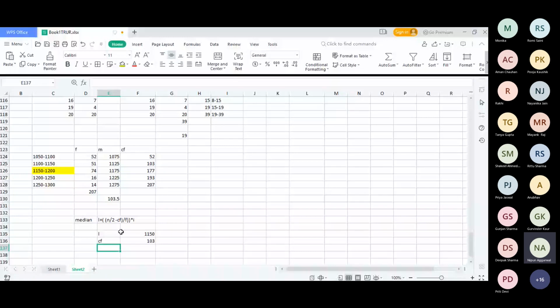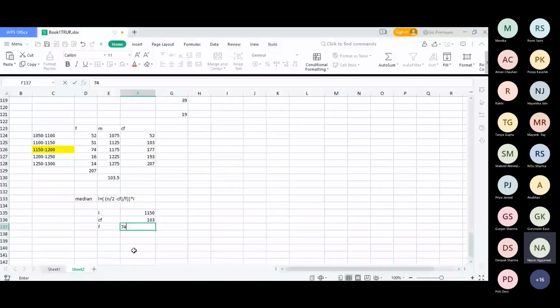Then F is the frequency of that class itself, which is 74, and I is the class interval, which is 50. So everything is known to you. You apply this formula and you'll get the answer.